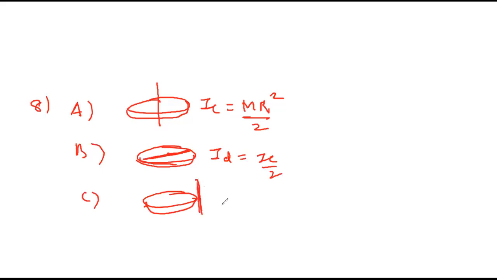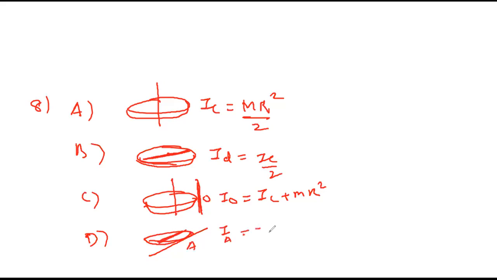So this will be parallel to the IC axis: IC plus m r square. And the fourth one, about a tangent in the plane. About a tangent parallel to the surface means it is parallel to the diameter. So if I call this A, IA will be I about diameter plus m r square.